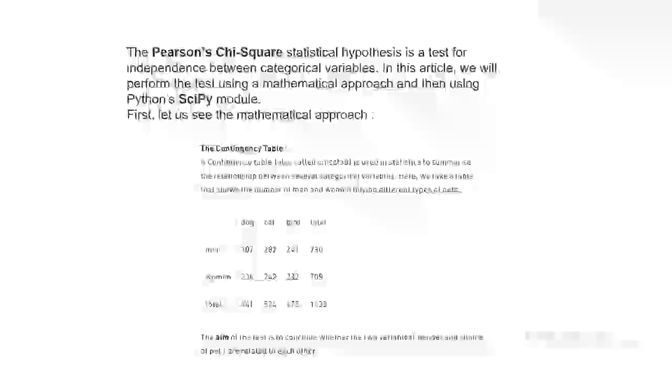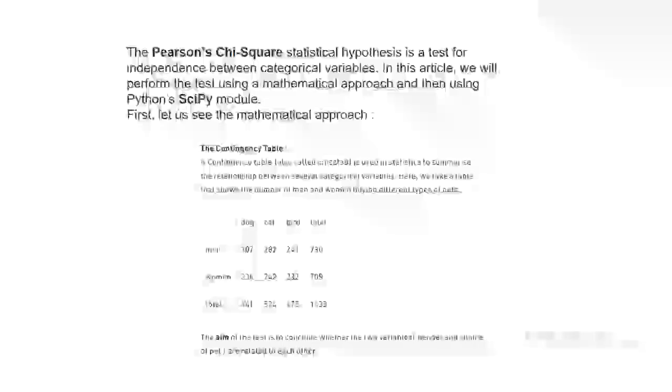Let's say men are buying 207 dogs, and the women who are buying dogs number 234. When it comes to birds, 241 birds the men are buying. This is how you can interpret it, but it's in a tabular form.